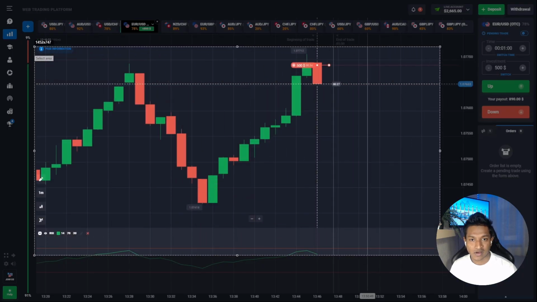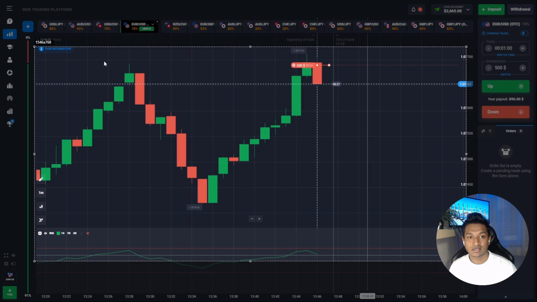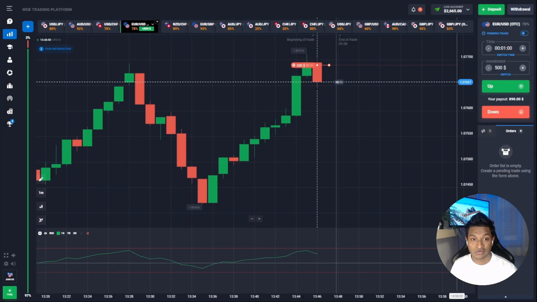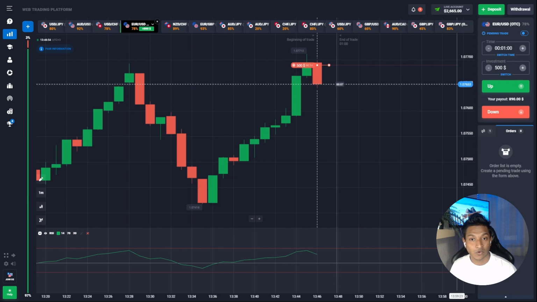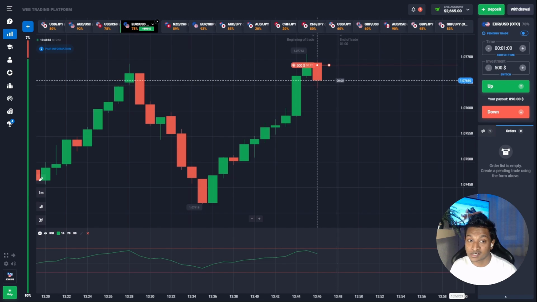Look at this resistive zone, supportive zone, and this is the new resistive zone, as I told you, guys. The market is bouncing in between resistive zones and supportive zones right now, and so far so good. Right now it should be pushing down, guys.